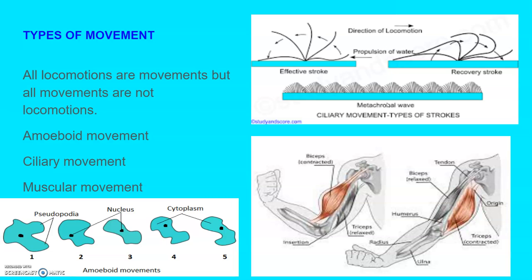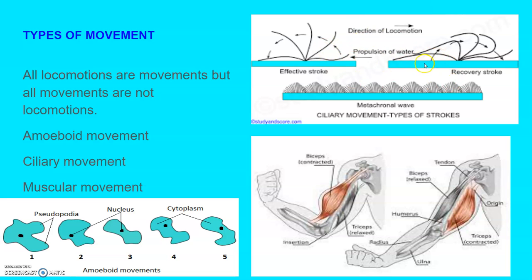Ciliary movements occur in most of the internal tubular organs which are lined by ciliated epithelium. You've studied in 9th class how the ciliated epithelium is there and how it performs the function through the cilia. So all these cilia in the trachea help in removing the dust particles and foreign substances which are inhaled through the atmospheric air. So this is how the beating of the cilia occurs in the direction of the locomotion.